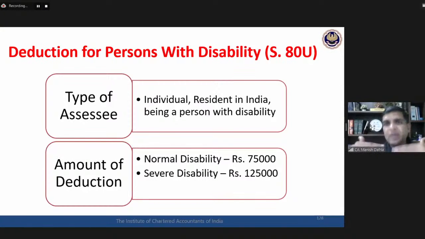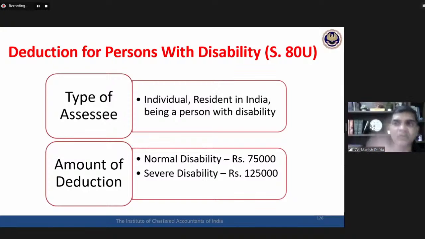Why is it same? Because in both the sections, the basic criterion is person with disability. In 80U, we are giving deduction directly to that person. In 80DD, we are giving the same deduction to the person on whom this disabled person is dependent.